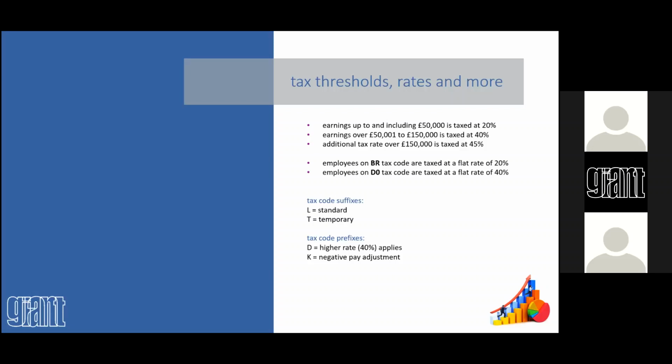You can replace the L with a 0. Whereas a T tax code is a temporary tax code, which typically means that the tax code is under review with HMRC. A K tax code is typically presented when you are predicted to earn over £100,000 in a tax year, or HMRC believe that you owe some tax.